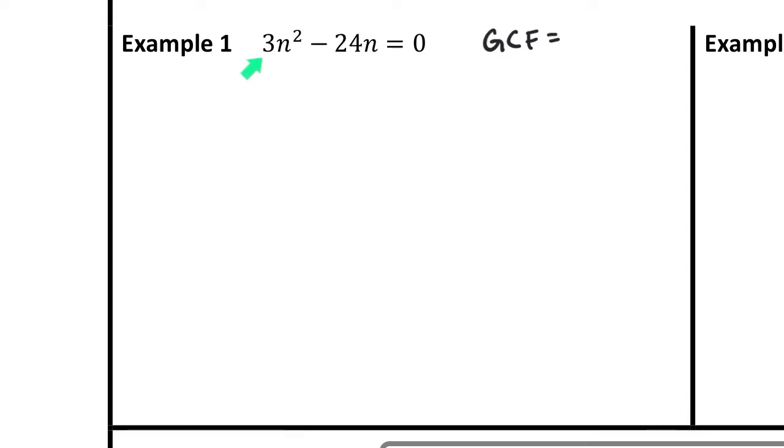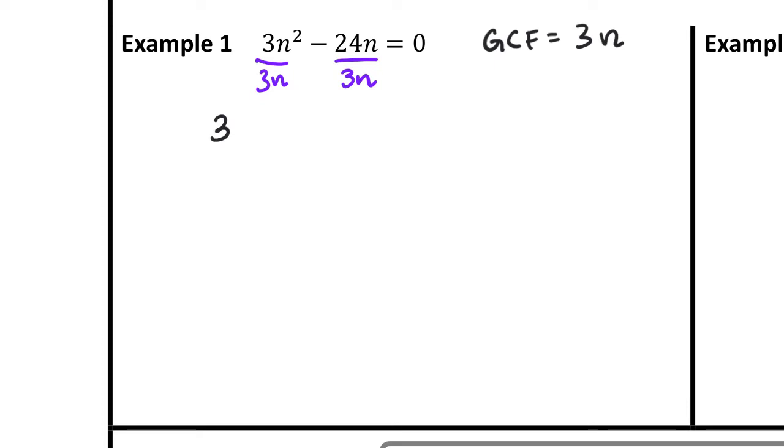Let's look at the numbers. We have 3 and 24. What can I divide both of these numbers by? They're both divisible by 3. And both of these terms have a minimum of 1 n. So that's my GCF.